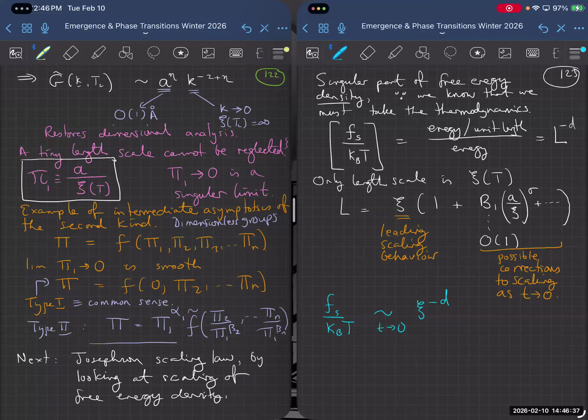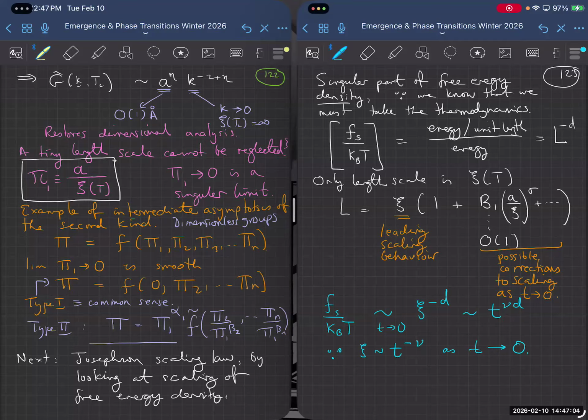But we know the correlation length diverges as we go towards the critical point, and so that means it's going to scale like t to the power nu d, because the correlation length itself diverges as t to the minus nu as t goes to 0. So that's how the singular part of the free energy density has to scale with reduced temperature.